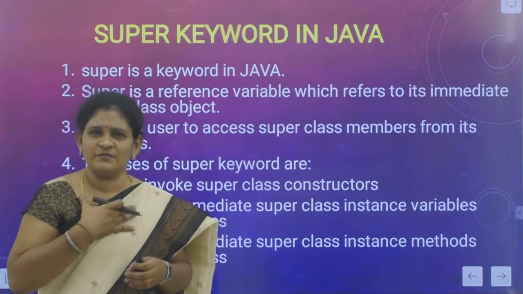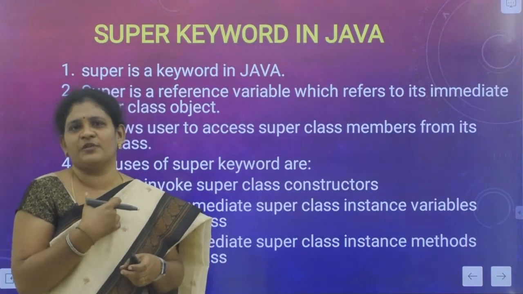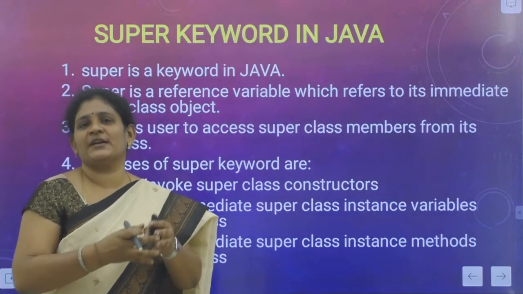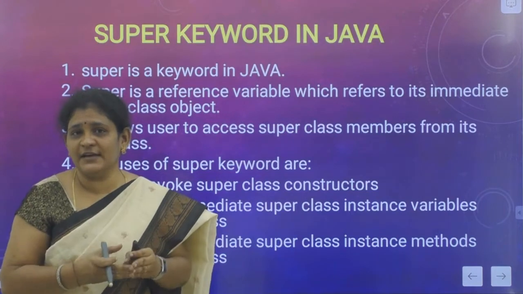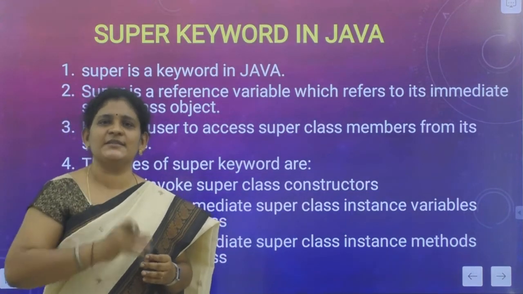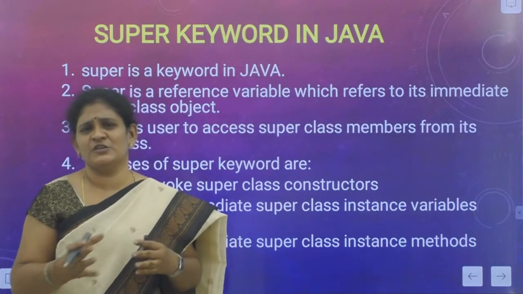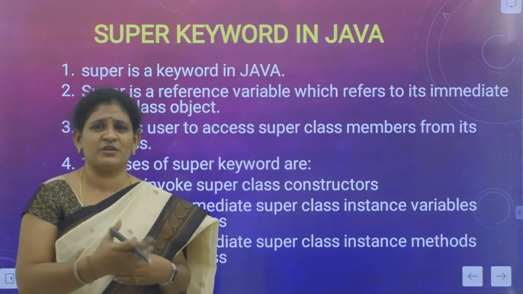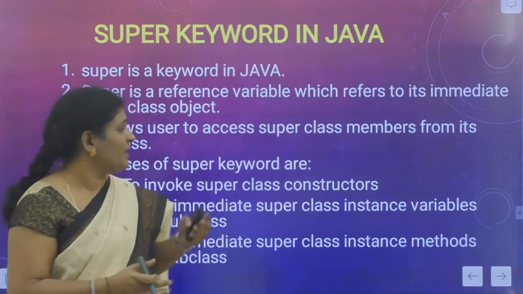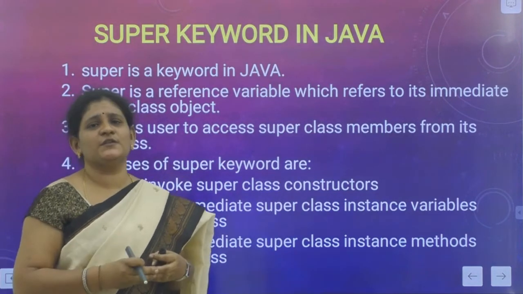The super keyword allows the users, users meaning we, the programmers, to access the superclass members. You know what a superclass is, what a subclass is, what the members are. We have already discussed this in the introductory part. So super can be used to access the superclass members.